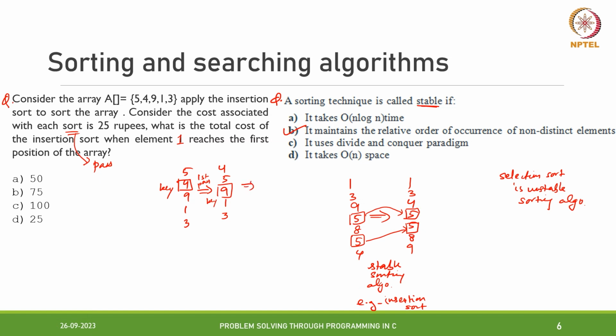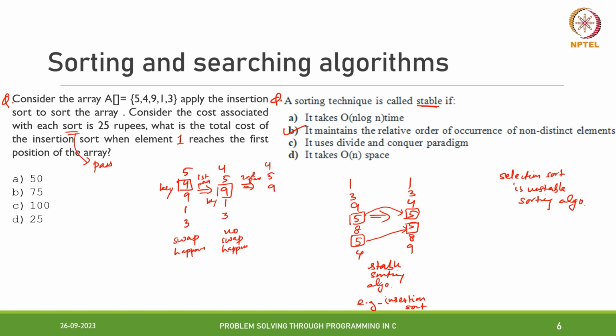Then for the second pass, 9 is our key. We check it with the previous elements. Nothing happens because 9 is greater than all of them. So no sorting occurs here. Here swapping happens, here no swap happens.